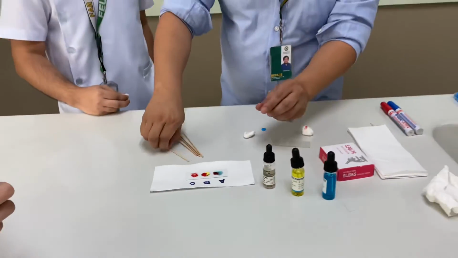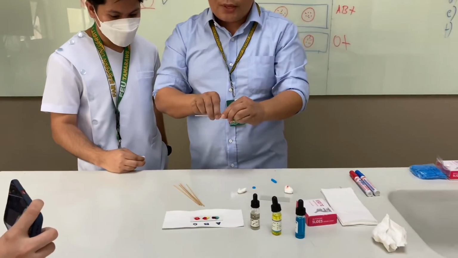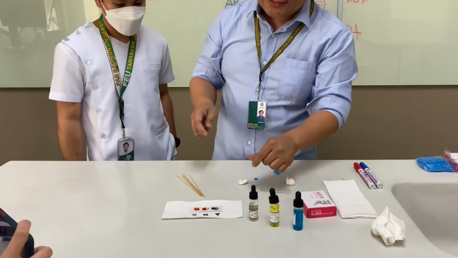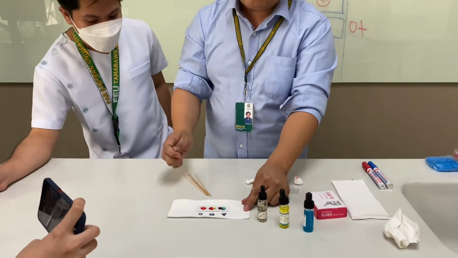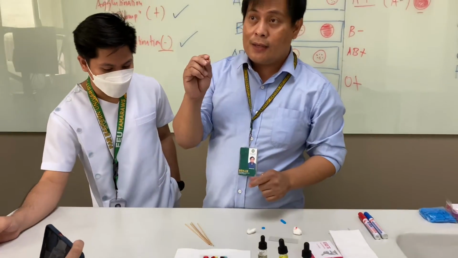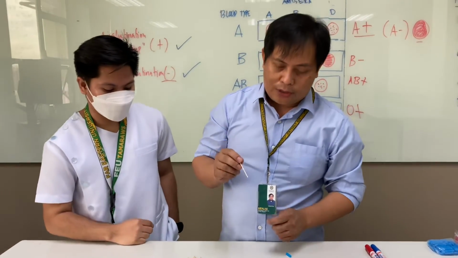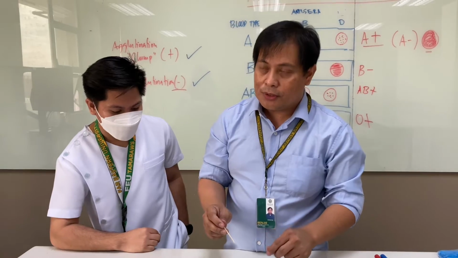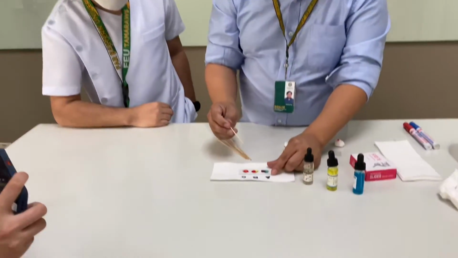Okay, now we are ready to mix. Make sure that when you use the cotton applicator to mix the blood sample and the anti-sera, you do not reuse the cotton applicator. It might affect the result of your blood sample.